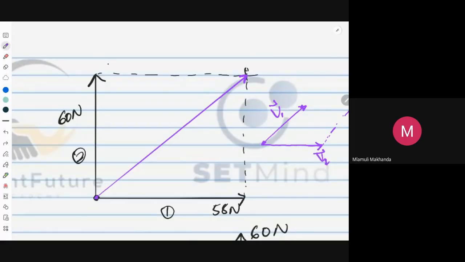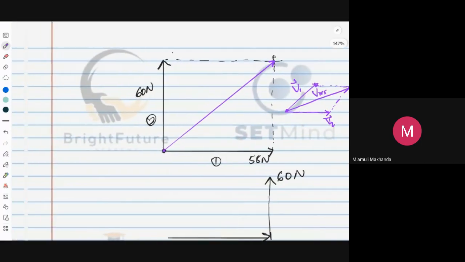Now I draw another line parallel to v2. These lines will meet somewhere. Where they meet, that's where you place the head of your resultant. So you'll go like this. That's your resultant V, in this case. So that's one thing about the parallelogram method, and that's how you normally use it.